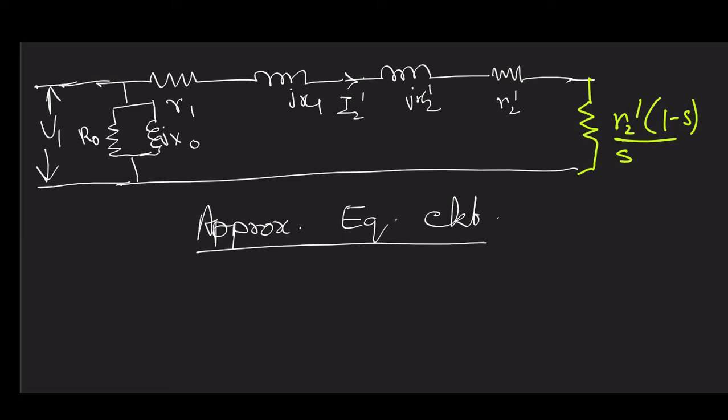Obviously, what happens in the exact machine, I explained using a 12 slot machine. I do not know how many of you watched those videos, but if you did, you will find it was a 12 slot machine that I considered to explain the basics: pitch factor and other distributions, electrical winding distribution.